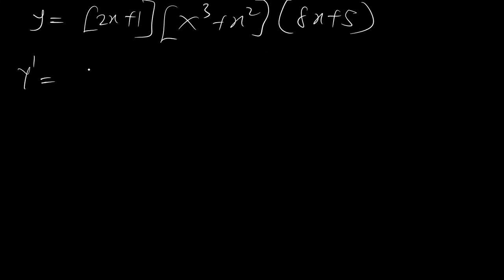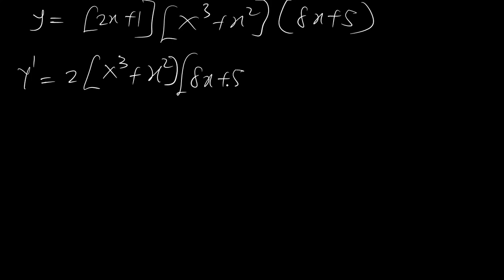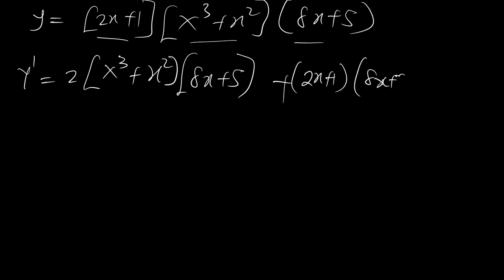Now, y prime will just be the derivative of the first, which is 2, times x cubed plus x squared, times 8x plus 5, then plus the derivative of the second, leaving the others: 2x plus 1, times 8x plus 5, times 3x squared plus 2x. Now, plus the derivative of the last and leaving the others.